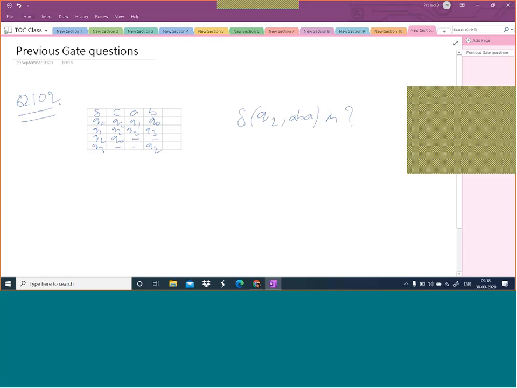Well, it is very simple. Whenever a question is given like this, it is easy if you construct the diagram.